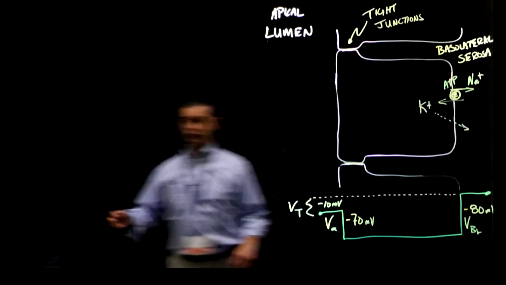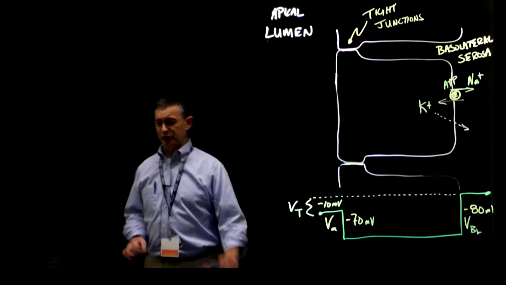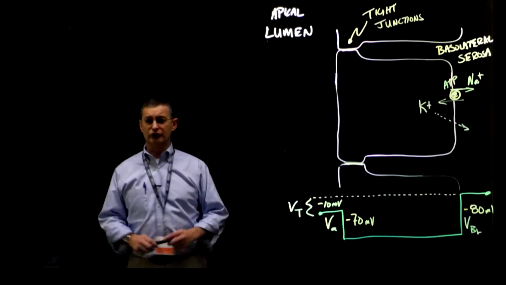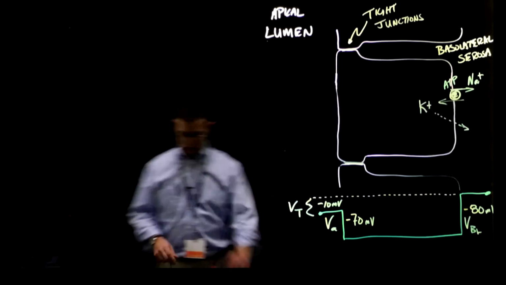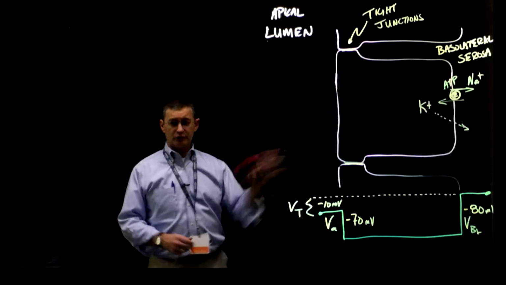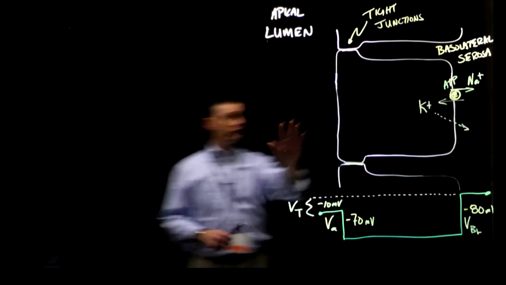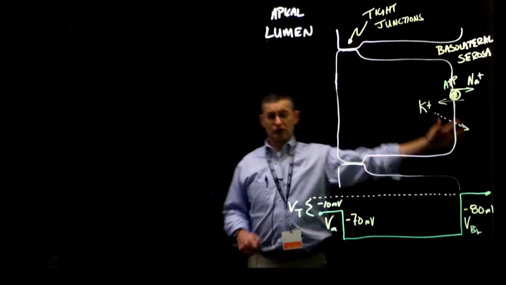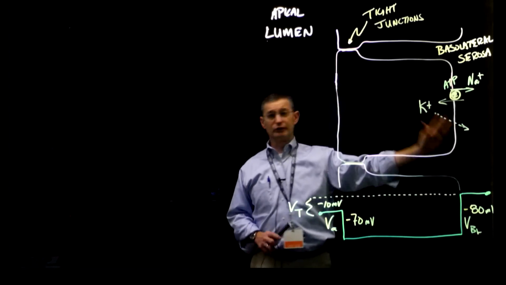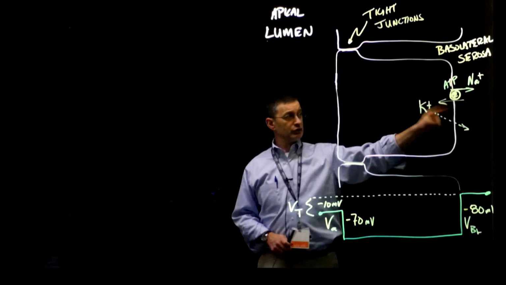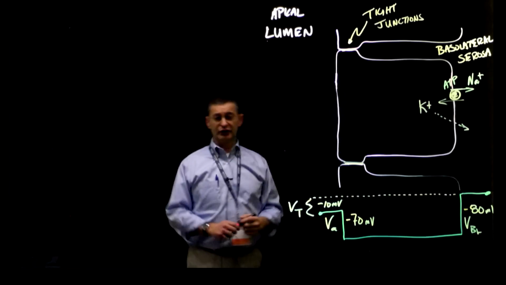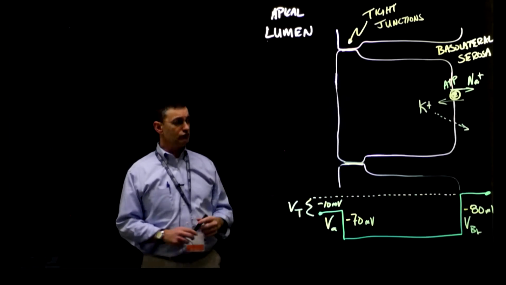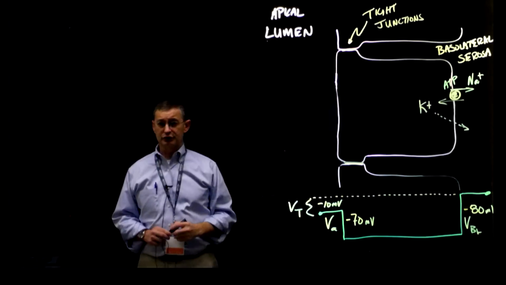All right, so let's use this next example to illustrate the importance of that transepithelial voltage. We have the same cell here: luminal side, tight junctions, basolateral side, apical membrane, basolateral membrane. We have our basolateral sodium-potassium ATPase with its associated pump leak.